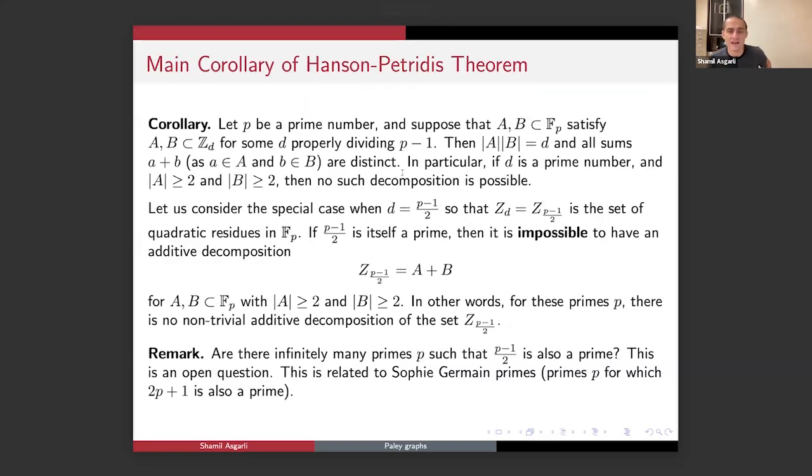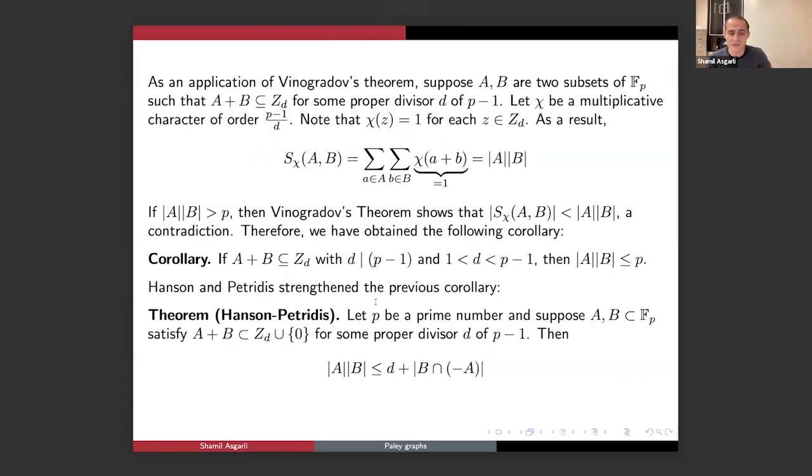Let me say a few words about the corollary of their work. Suppose P is a prime number, and suppose A and B satisfy that A plus B is a subset of Z_D, and D properly divides P minus 1. So I'm in the same situation as before.